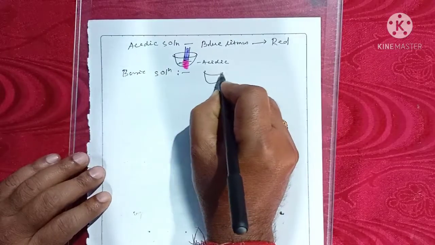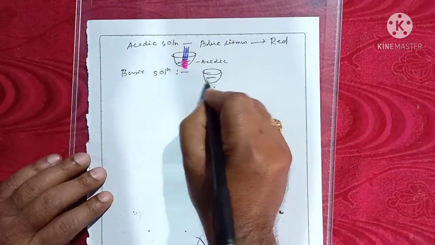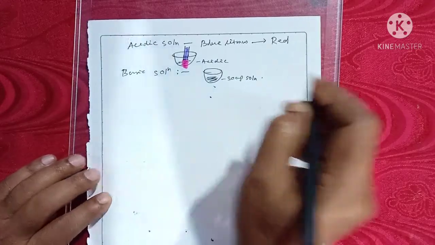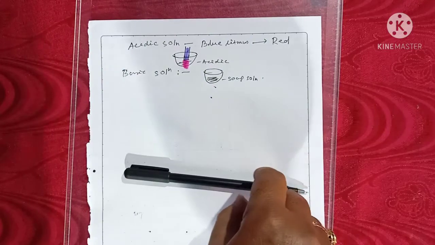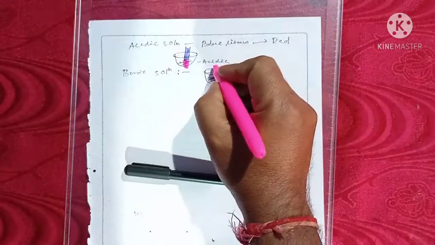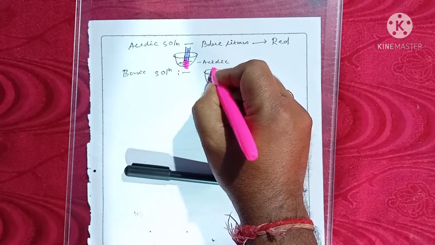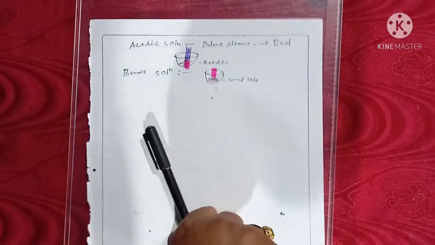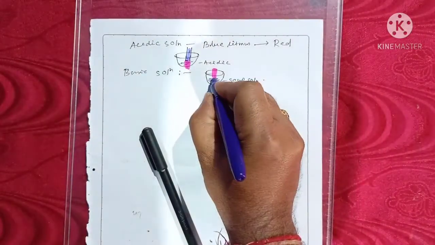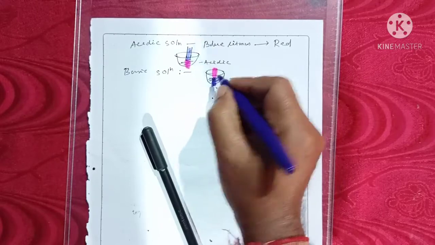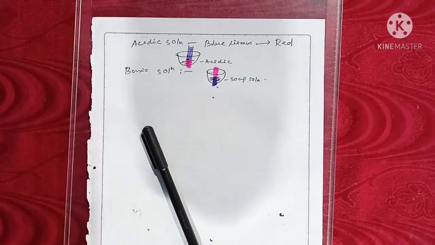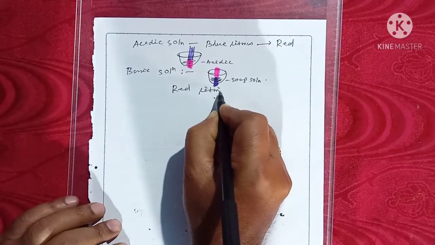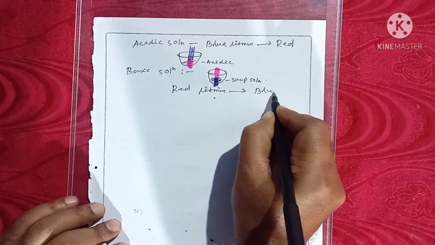So when we take it in a tumbler, suppose it's soap solution, and when we dip here the red litmus paper inside the soap solution, then it will become how? The color will be like this. It will be blue. That means here the red litmus will change to blue.